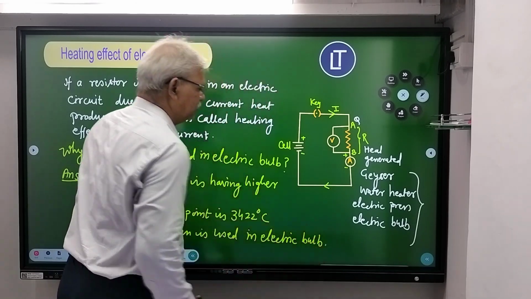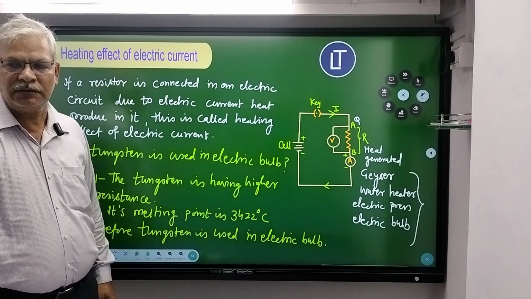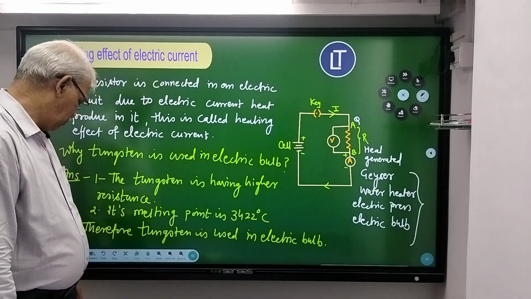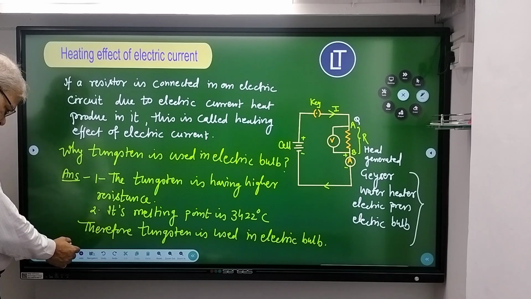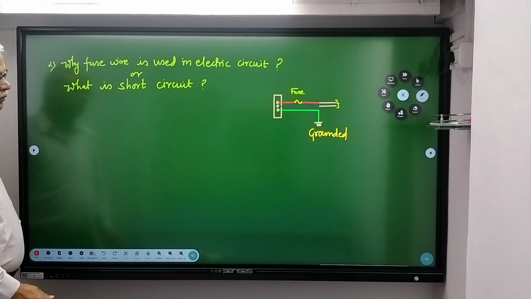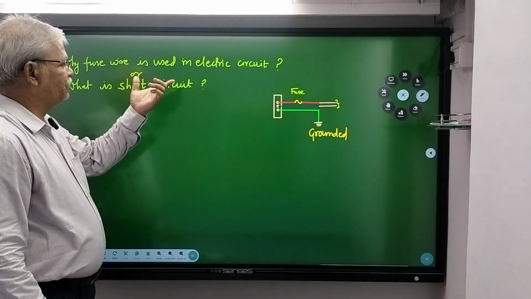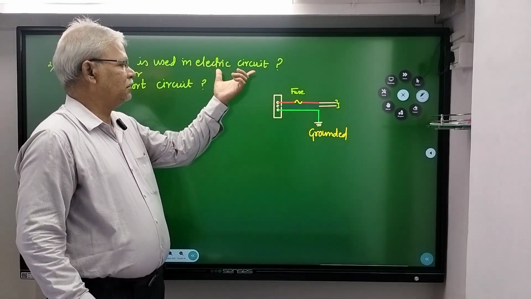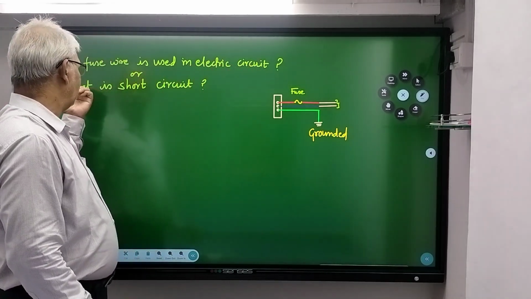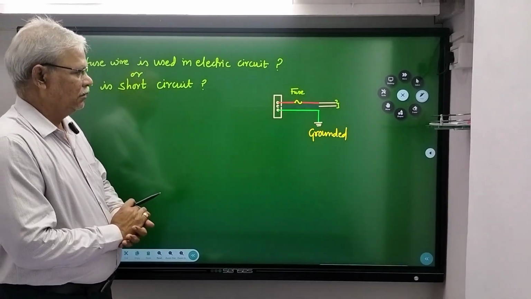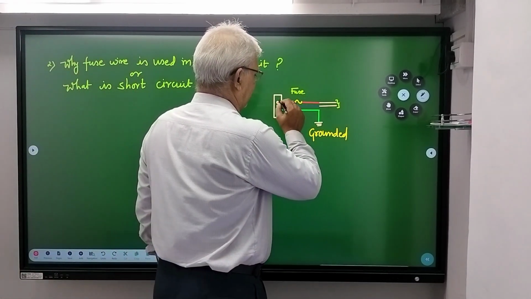Okay, is there any confusion? No? Okay. Now the next we are going to take here: why is fuse wire used in electric circuit, or what is short circuit. Now see here, a diagram is given.